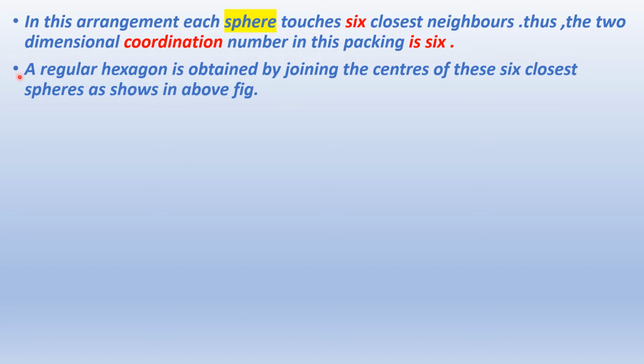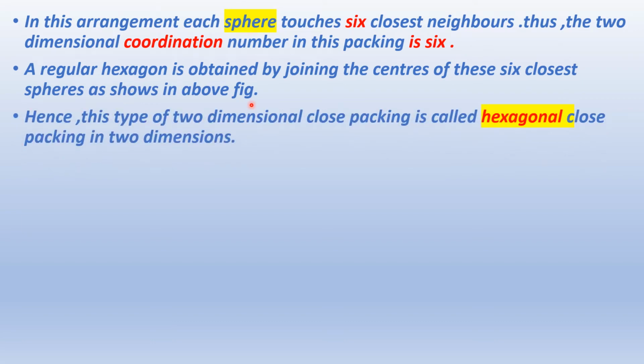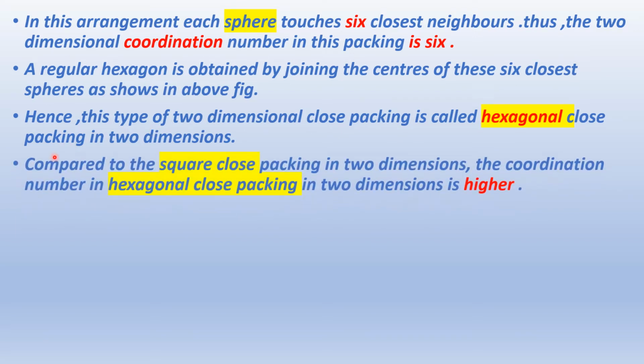Easily you have to understand. A regular hexagon is obtained by joining the centers of these 6 closest spheres, as shown in the above figures. Hence, this type of two-dimensional close packing is called hexagonal close packing in two dimensions.